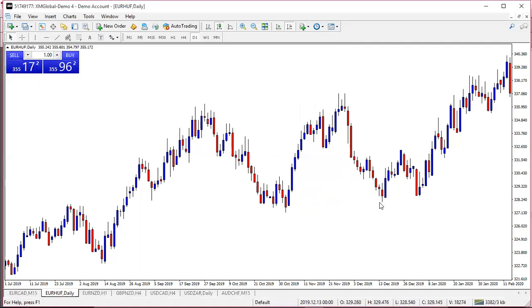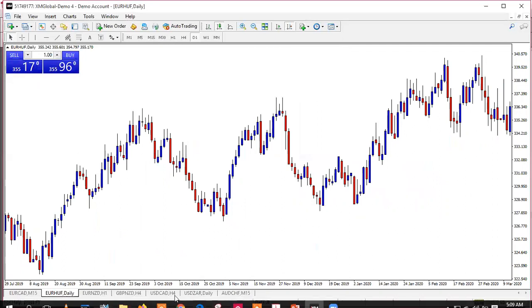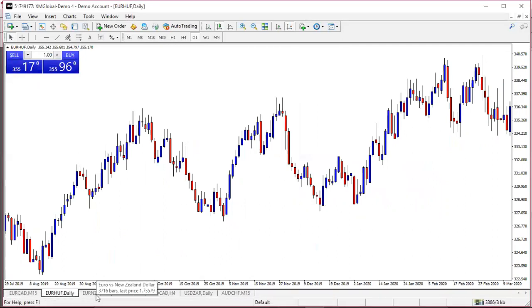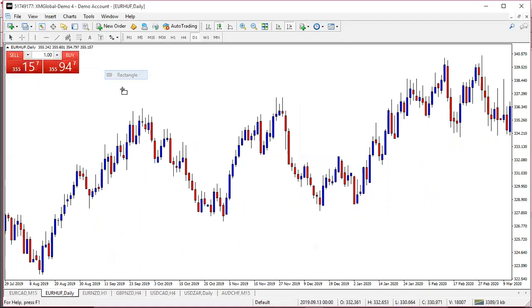This looks like a good example of a double bottom, but it seems like it formed in an uptrend, so it wouldn't be that good. But if it was in a downtrend, I think this would be a perfect example of a double bottom.